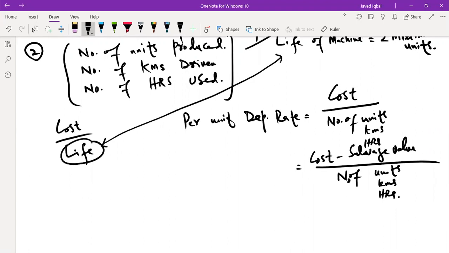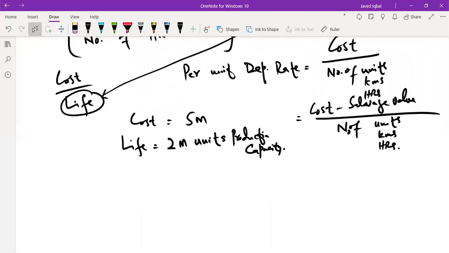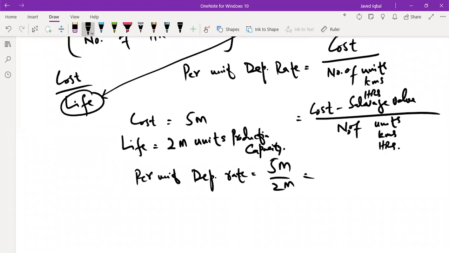If we take the same cost, 5 million, and the life is given as 2 million units production capacity, you can calculate the per unit depreciation rate, which will be 5 million divided by 2 million, in this case 2.5 per unit.